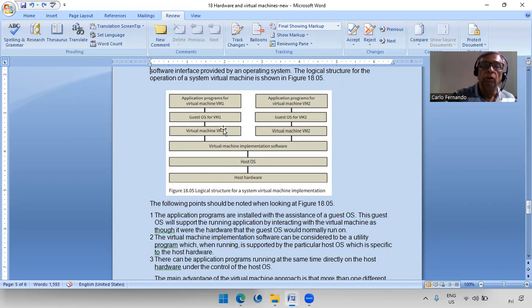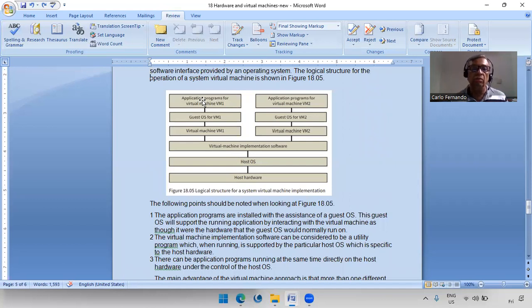Then on top of that, you create a virtual machine. This is a physical machine, and on the physical machine you have the host OS. On the virtual machine, you have the guest OS, the virtual machine OS. On top of that, you have to install the application software like Word, Excel, and all that.